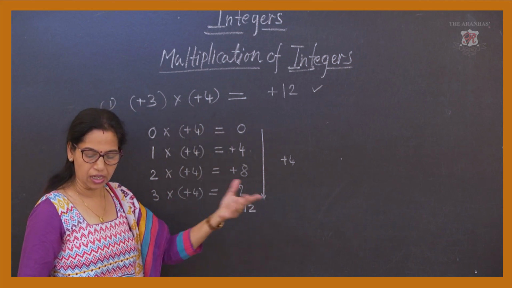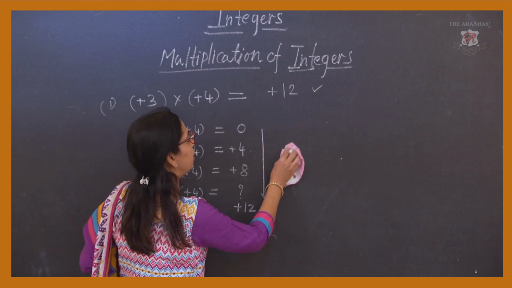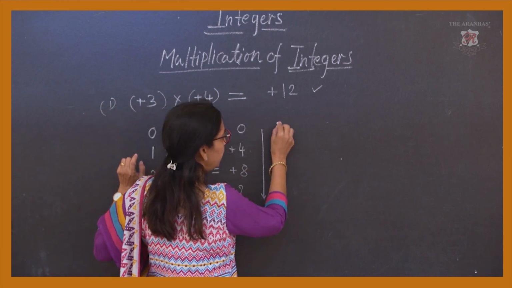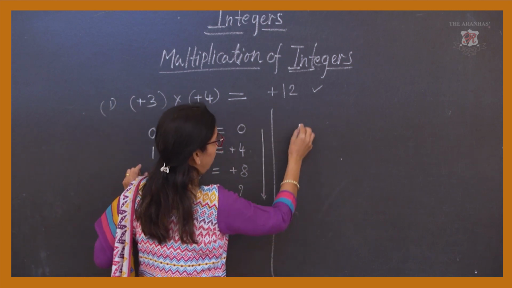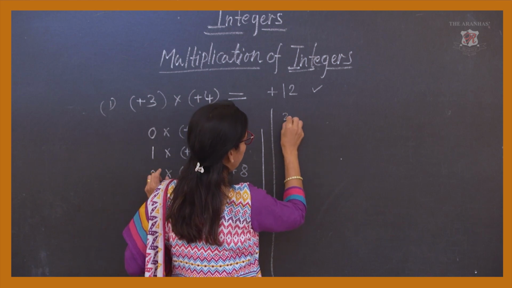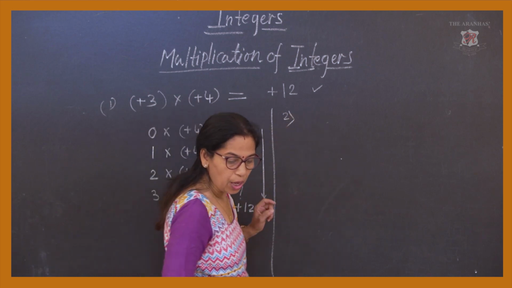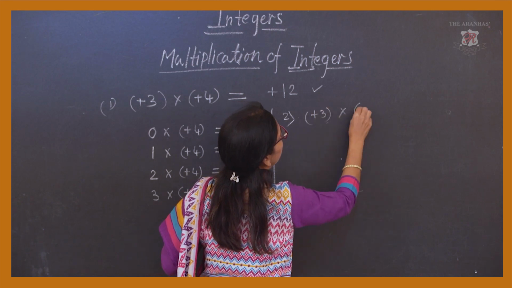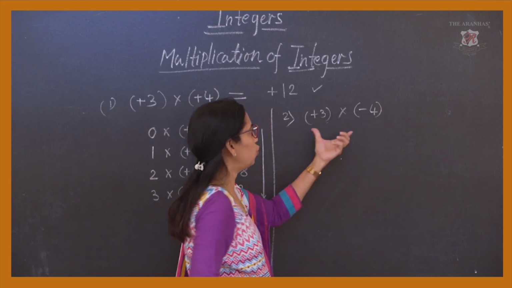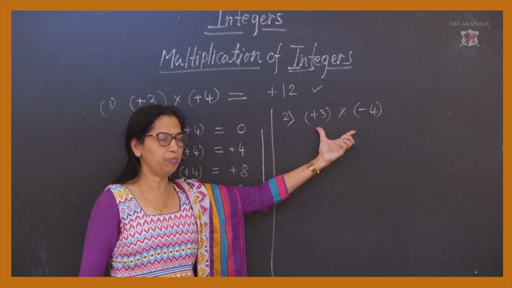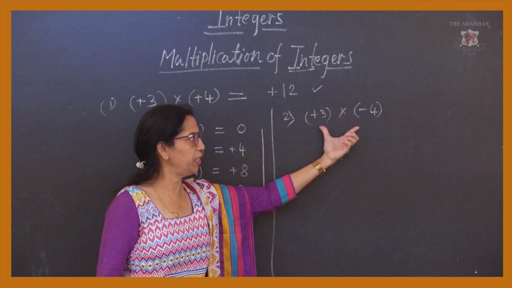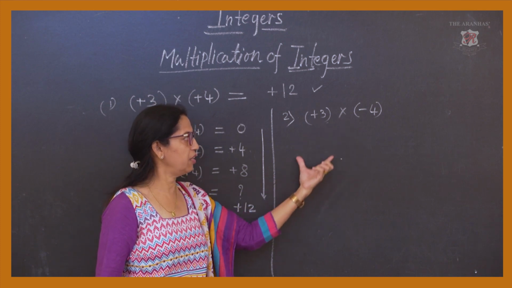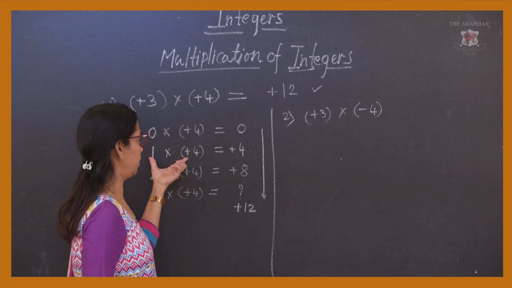Now we will see another example when there are two different signs given for the integers. Here we have another example, that is plus 3 into minus 4. To find the multiplication of these two integers, again we have to go in a sequence similar to this.